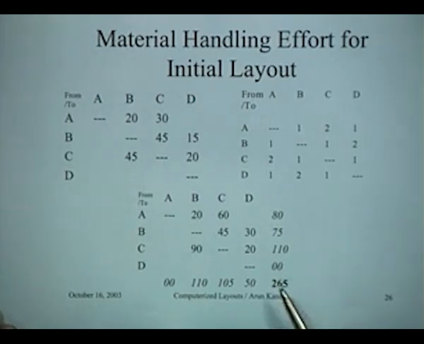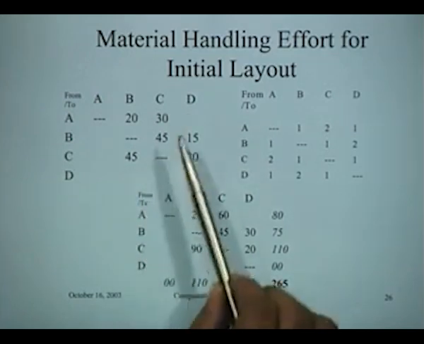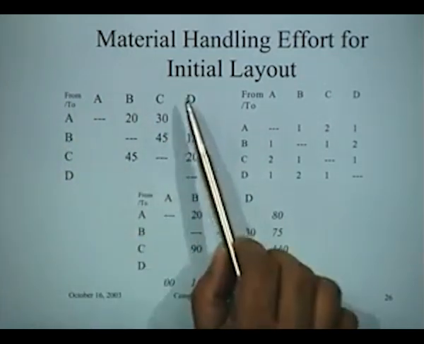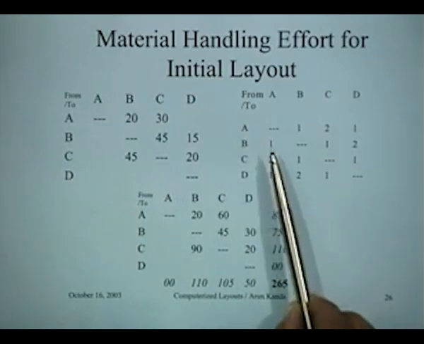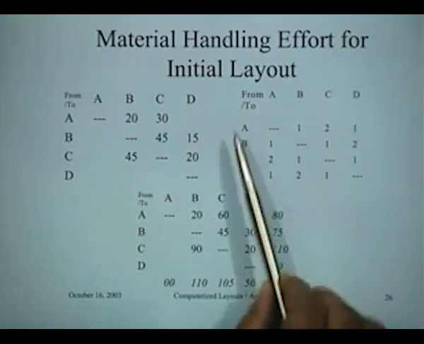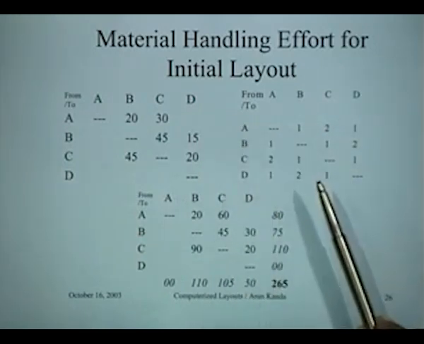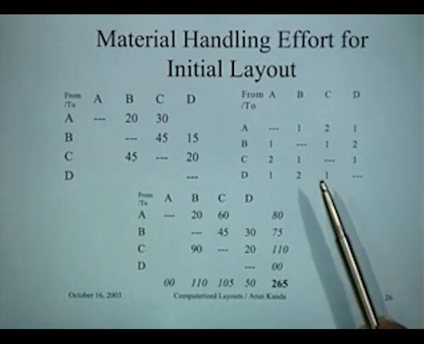So this value is arrived at, let us recapitulate. It's arrived at by taking the flow matrix, multiplying it with the distance matrix for the layout. The distance matrix is the one which is dependent upon the layout, isn't it?